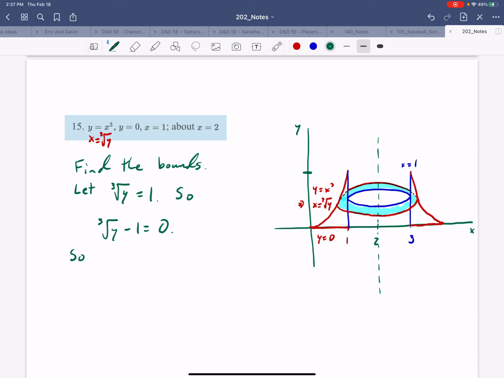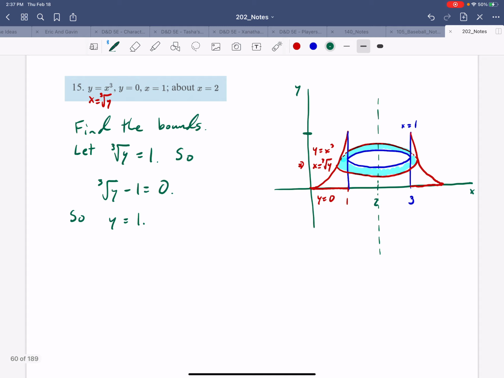And so you can cube both sides, whatever, but you get that y equals 1. If you want to do some fancy factorization, then you can, but it's not really worth doing. So y equals 1. That's it. That's the only solution, which kind of makes sense. Again, if you look at our picture, it looks like it should probably be 1.